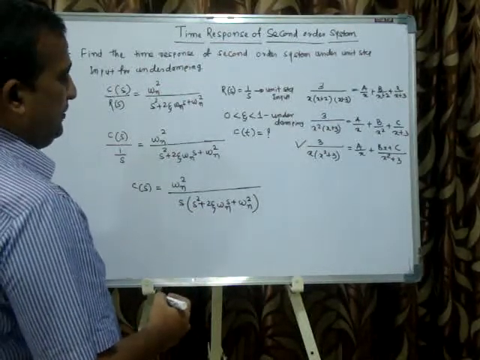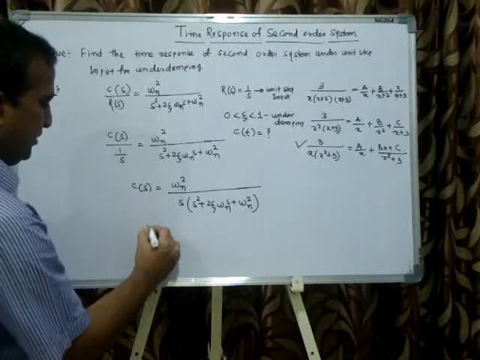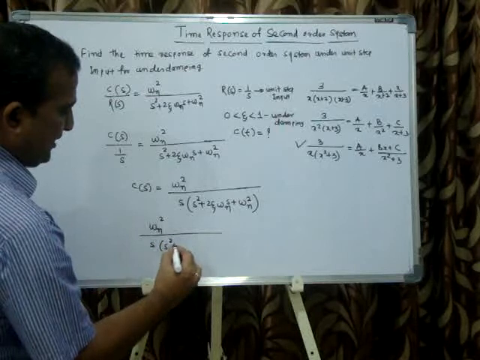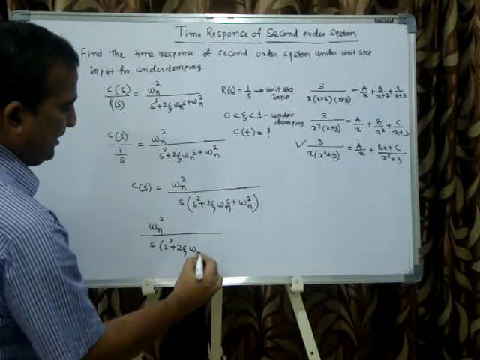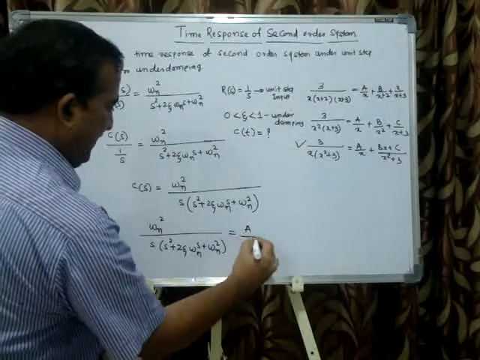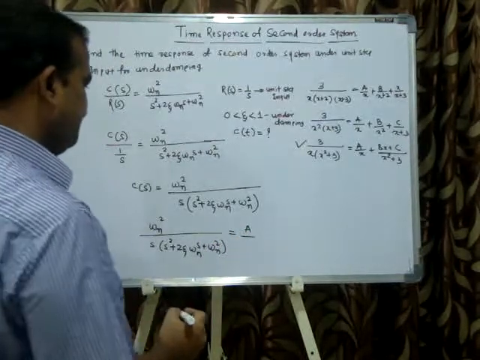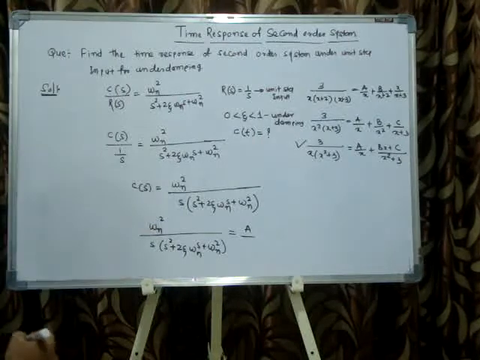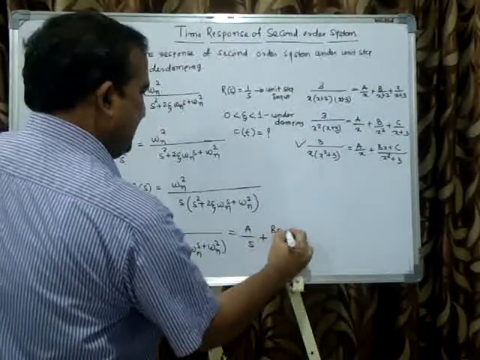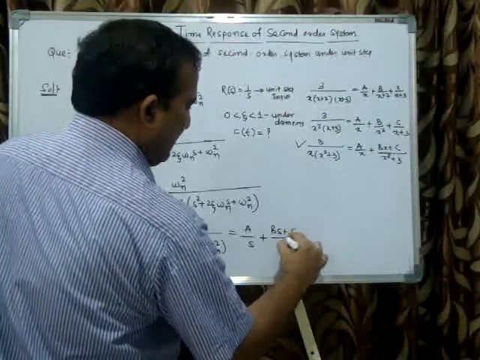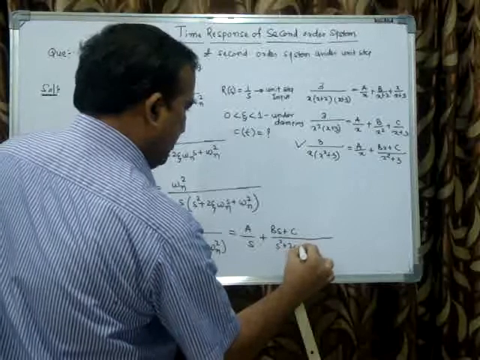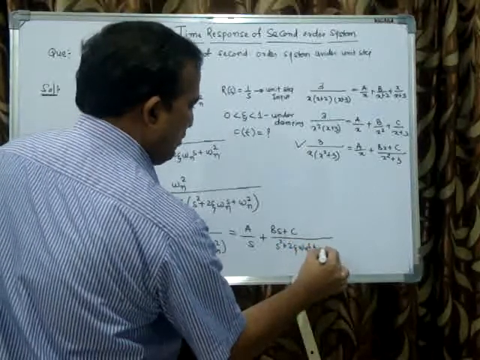So now I'll write in this fashion: omega n square divided by s into bracket s square plus 2 zeta omega n s plus omega n square is equal to what am I supposed to write? A by s plus B s plus C divided by s square plus 2 zeta omega n s plus omega n square.